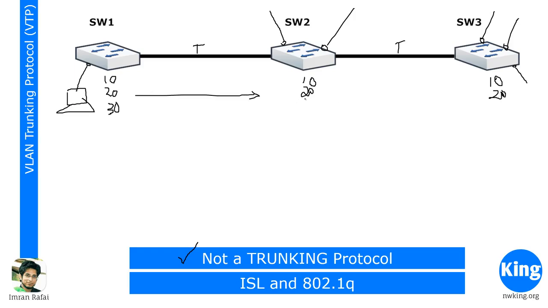It says, add VLAN 30 because I just created VLAN 30. You just have to create your access ports, whichever computer is connected, and that's done. Your VLAN database is synced across all your network switches, and you just have to create the access ports, which is very easy.